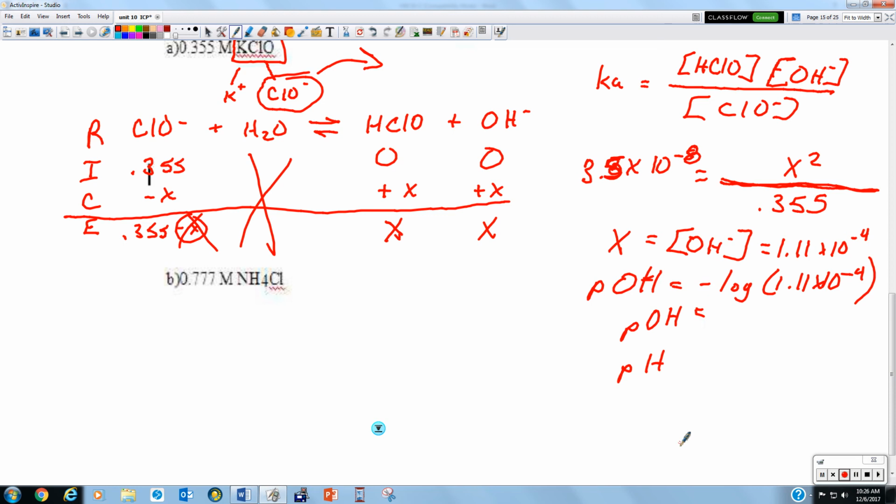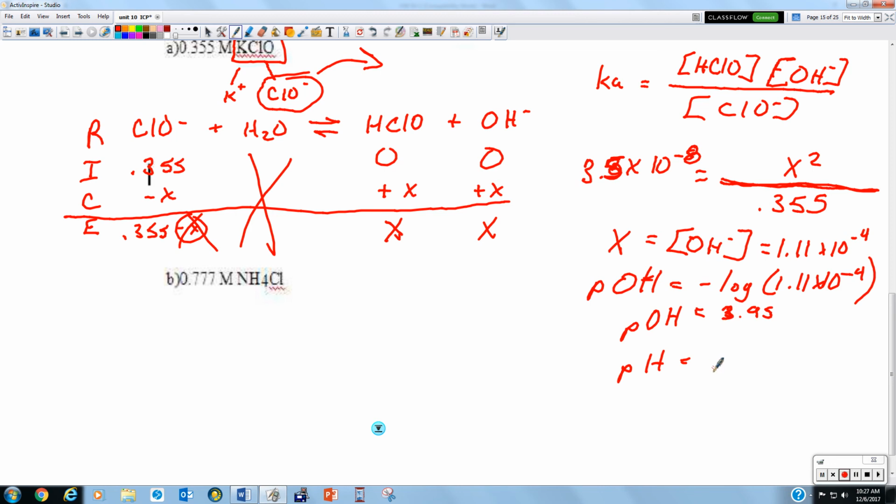So what do we come up with for pOH? I got 3.95.